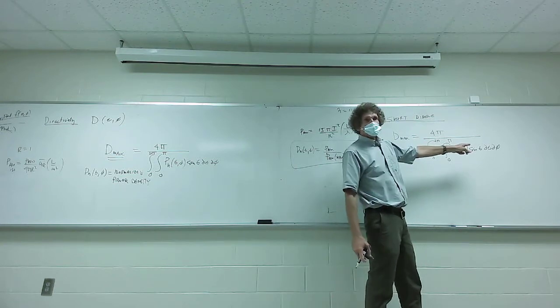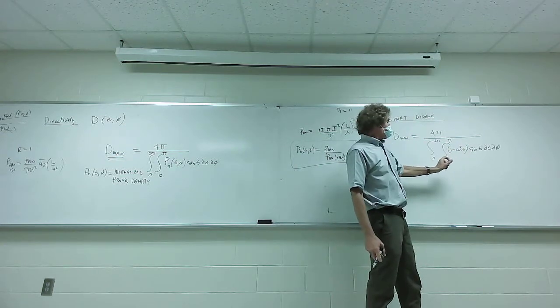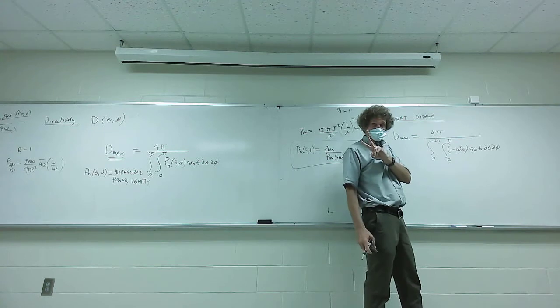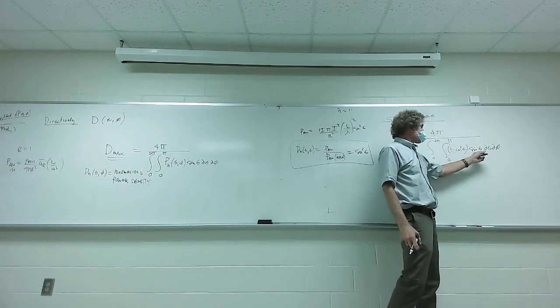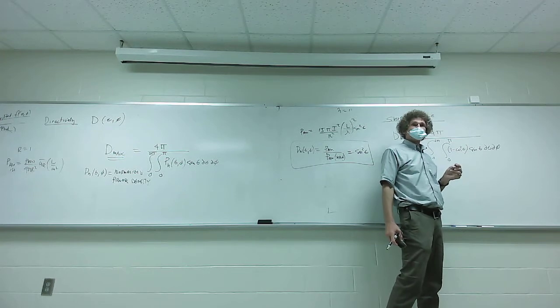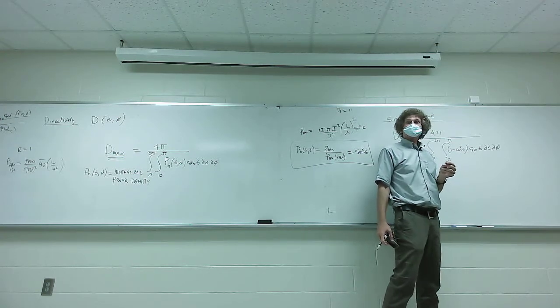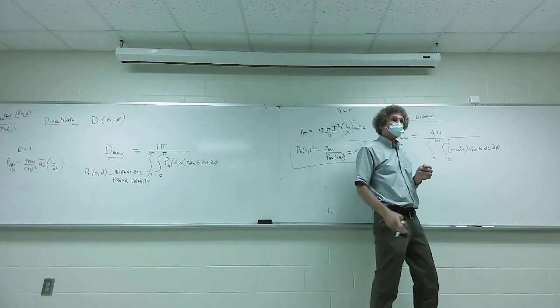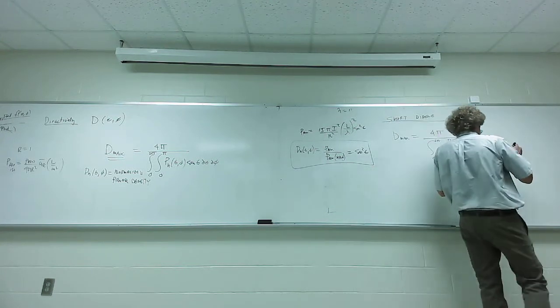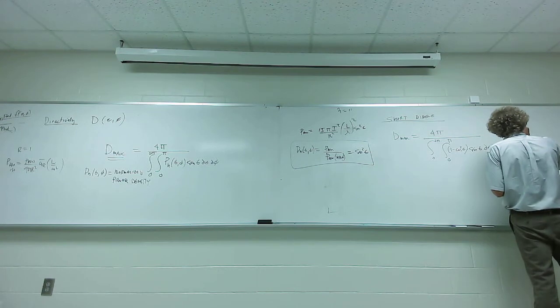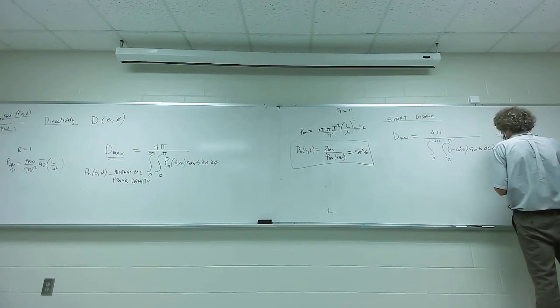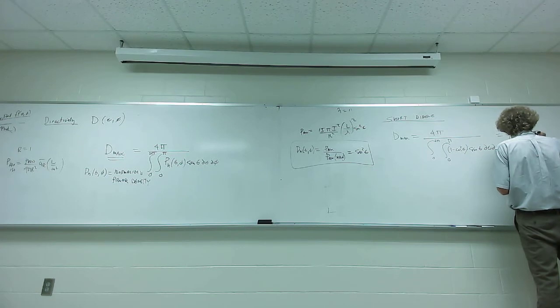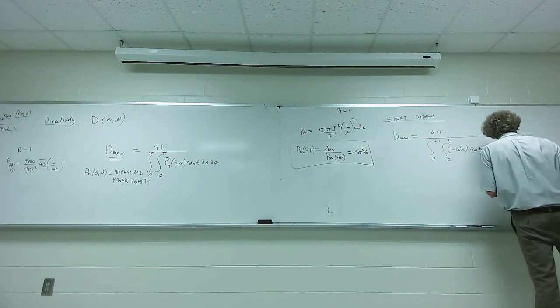The integral of d phi from 0 to 2 pi is just 2 pi, right? And do you remember what the integral of that sine cubed d theta was from 0 to pi? Anybody? 4/3. 4/3, and that's going to be something that comes back at you over and over again. So what this amounts to is 4 pi divided by 2 pi times 4/3.